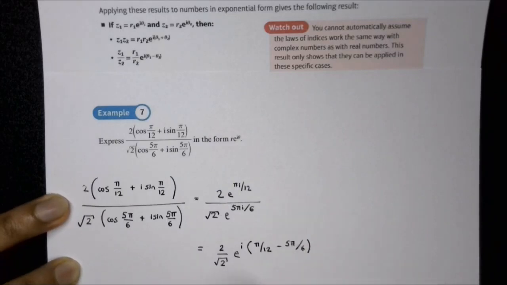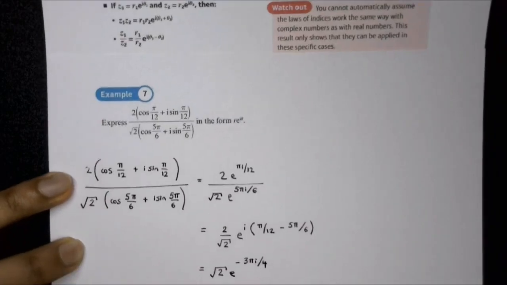So if we tidy all this up, 2 over root 2, that's just root 2. And we multiply this by e, and then pi over 12 minus 5 pi over 6, you'd find that to be minus 3 pi over 4. So we have e to the power of minus 3 pi i over 4. So this is our final answer.